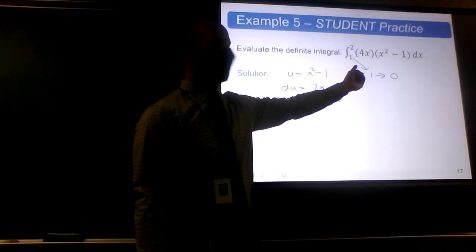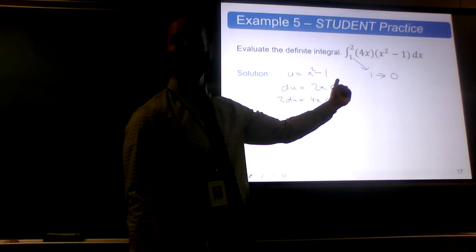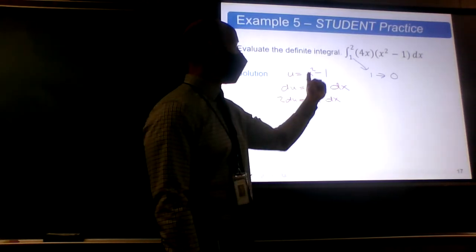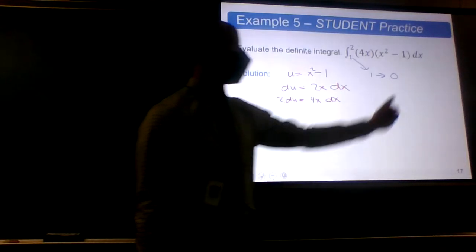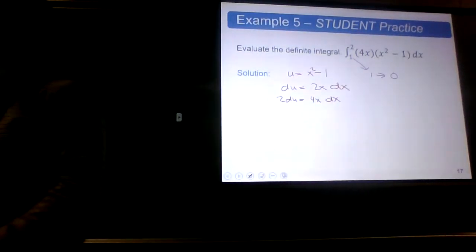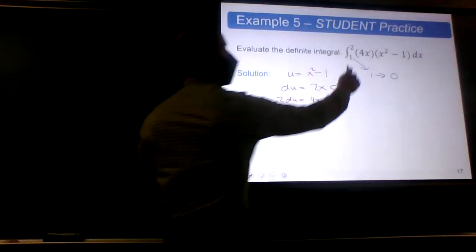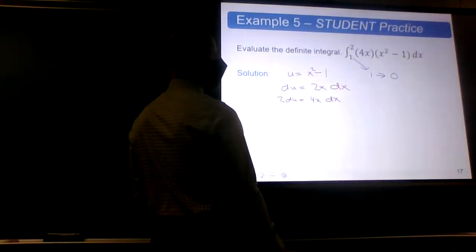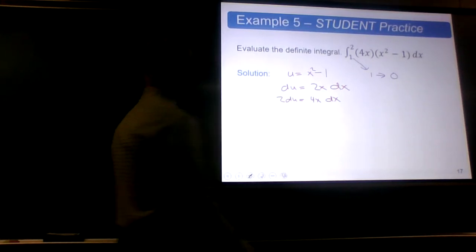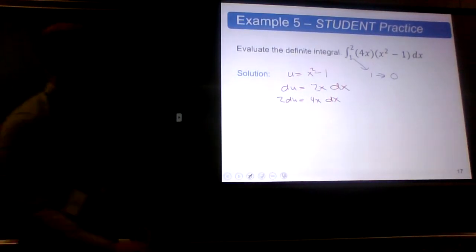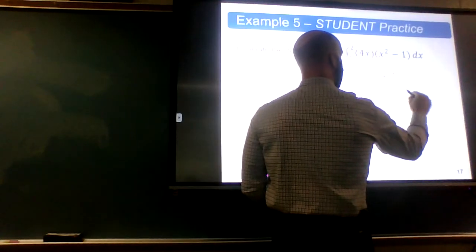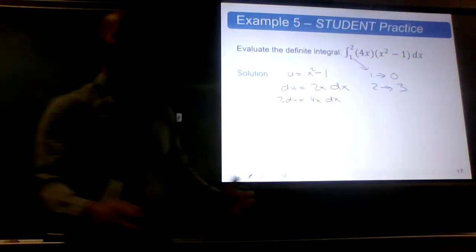So if I want to write it in terms of u, I've got to use this rule. So what is 1 squared minus 1? 0. By the way, what's the 2 going to change to? If I plug 2 into this, what do I get? 3. So 2 is going to change to 3, which is kind of odd.